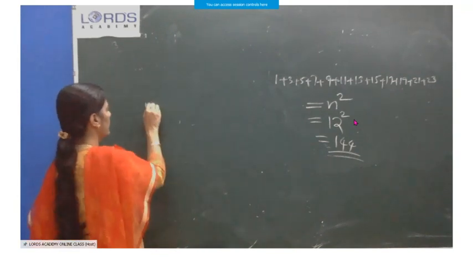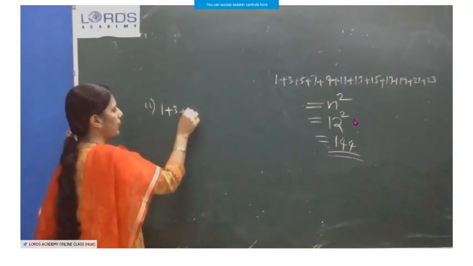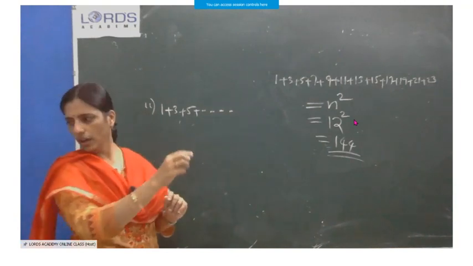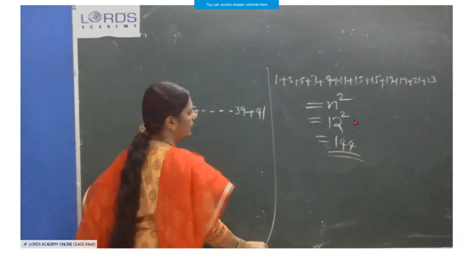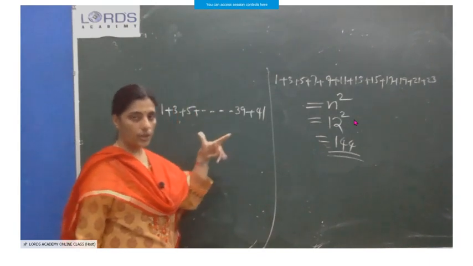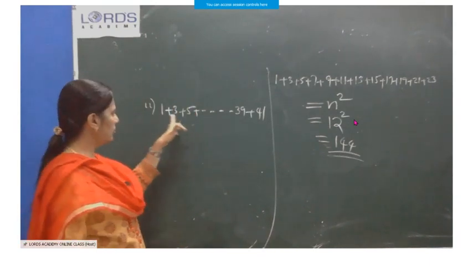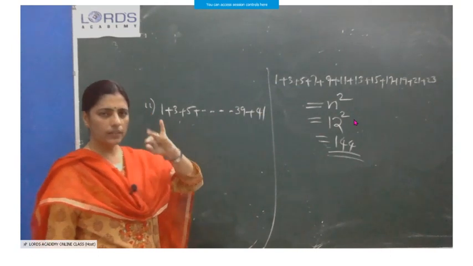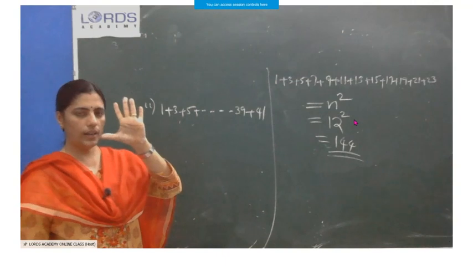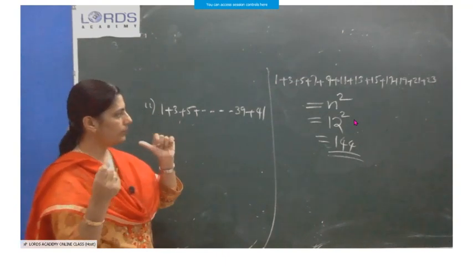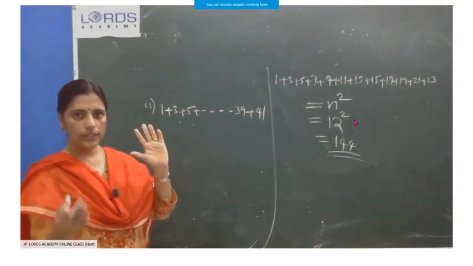Second one. 1 plus 3 plus 5 plus, etc., 39 plus 41. Since many are there, they didn't write all the numbers. Then also you have to know how many are there. 1, 3, 5, 7, 9, likewise you count, 11, 13.